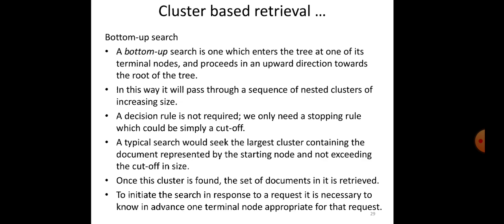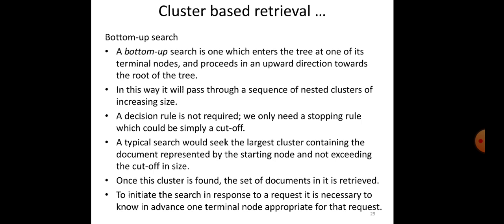Then like this top-down approach, we will be having another thing. That is a contradictory one, that is bottom-up search. That is pure reverse of the first process. We will be starting from any of the leaf node and we will be going upwards. Hope it is clear.